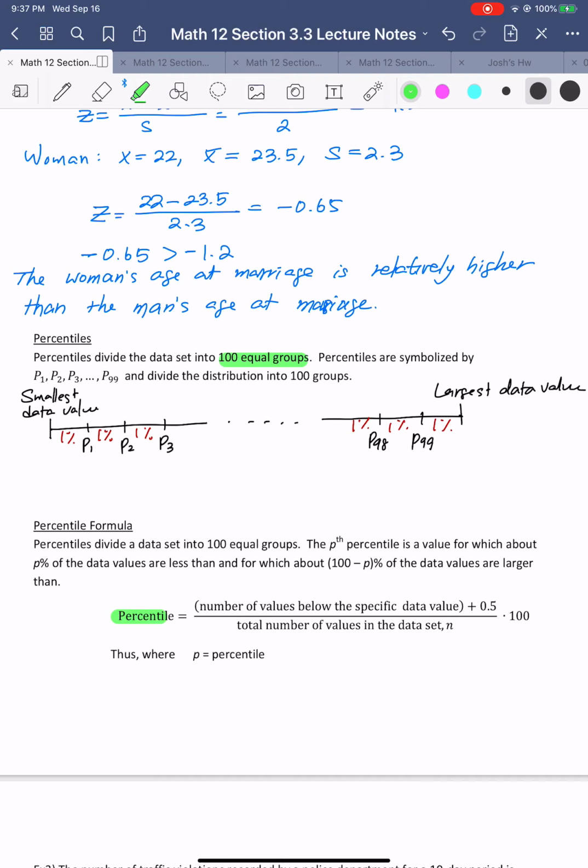Percentile is the number of values below the value given, plus 0.5, over the total number of values in the data set, which is n, and then multiply by 100.